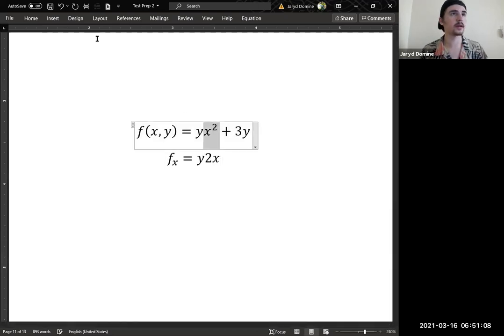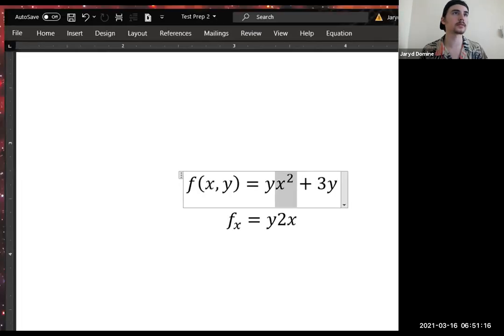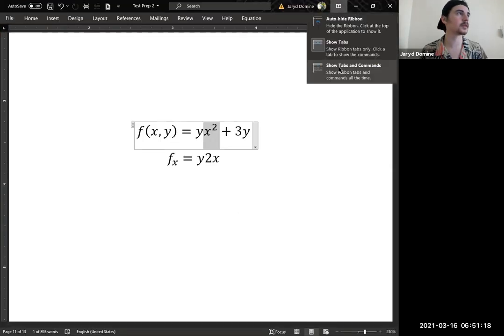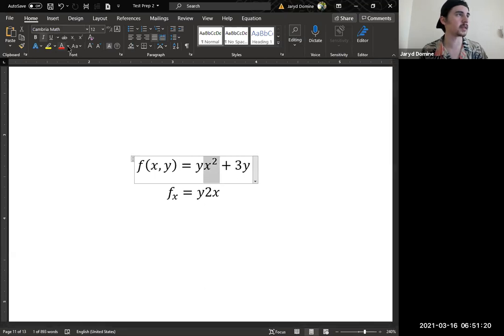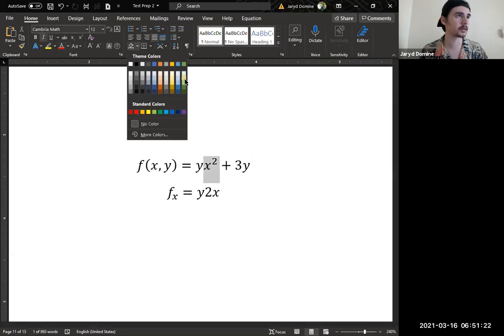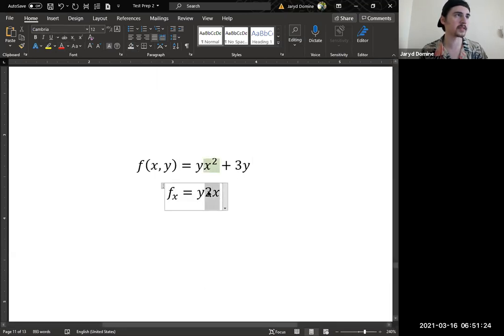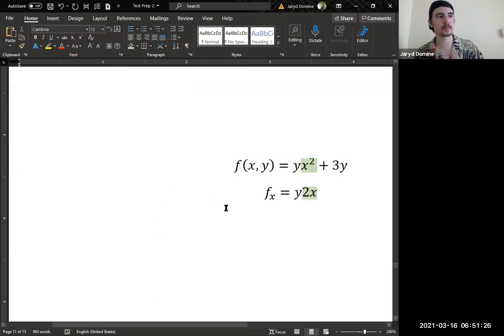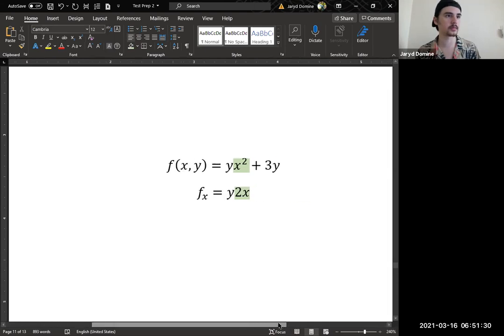Let me see if I can show that more clearly. What I'm actually looking at here is just this x squared. The derivative of this x squared is 2x, and I have left the y alone.